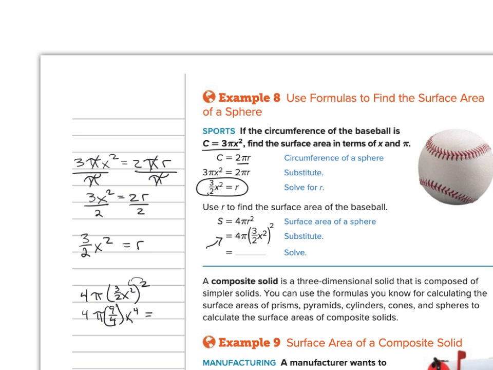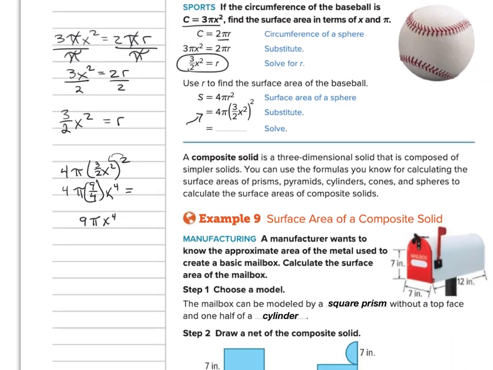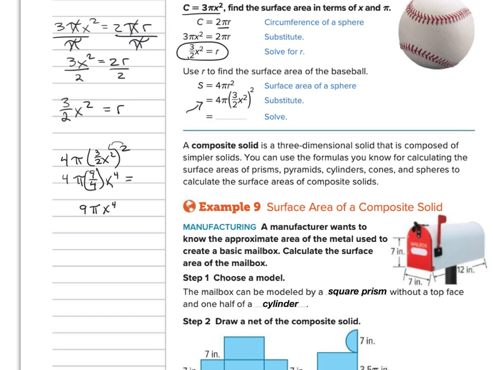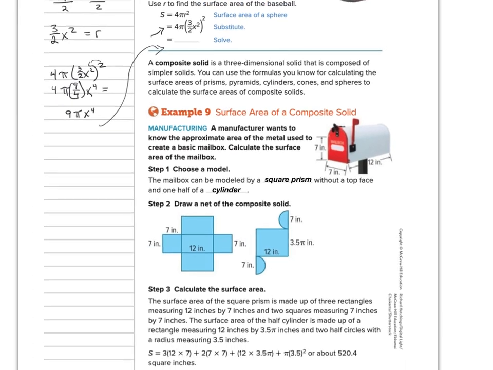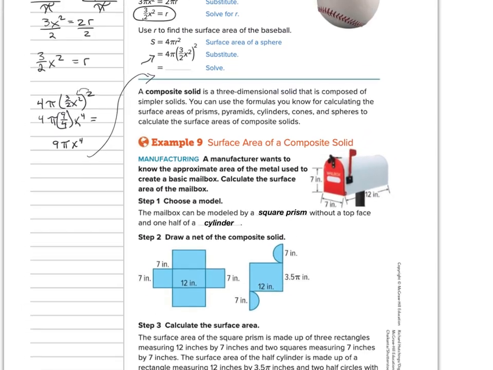And then I can keep working that out, which I think will simplify down to 9 pi x to the 4th. So there you go. Just because it was an algebraic expression doesn't mean that we do it differently. We do the same things. It just maybe looks a little bit different when we're done.